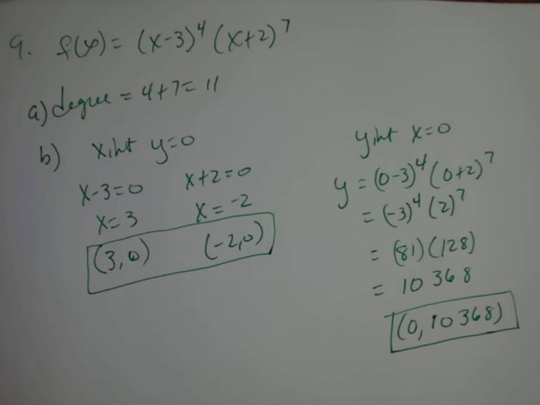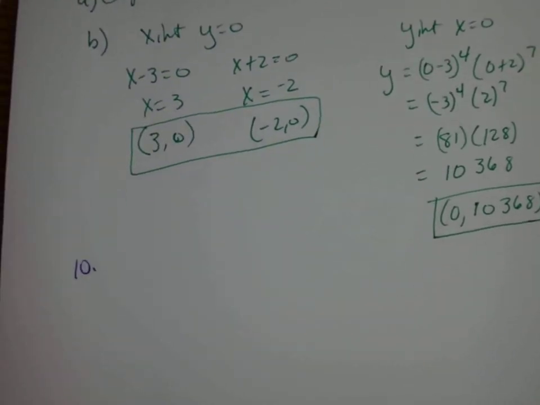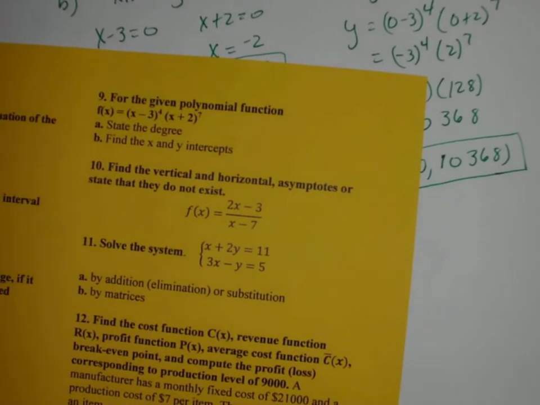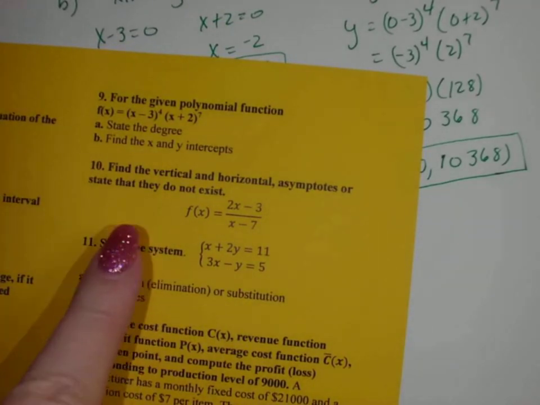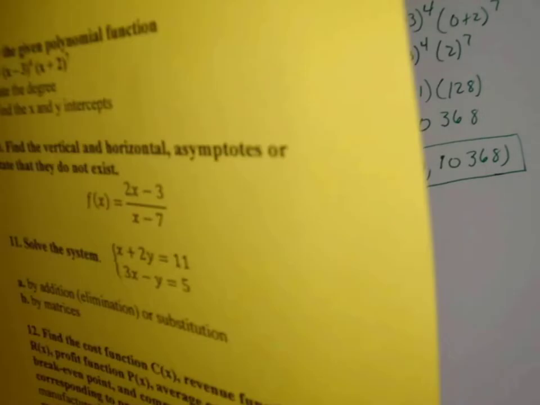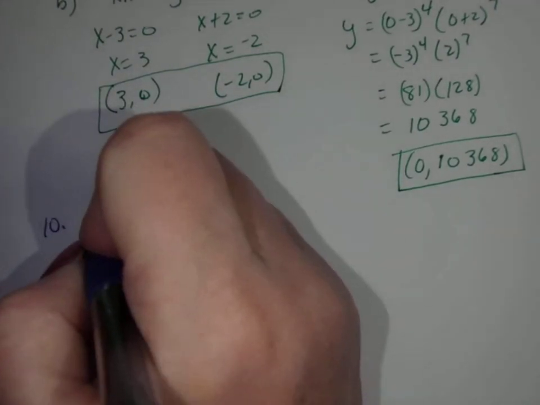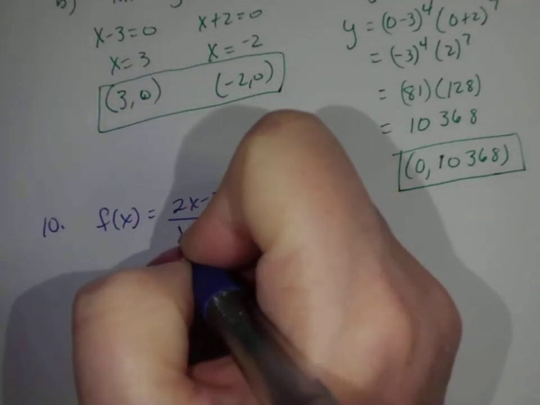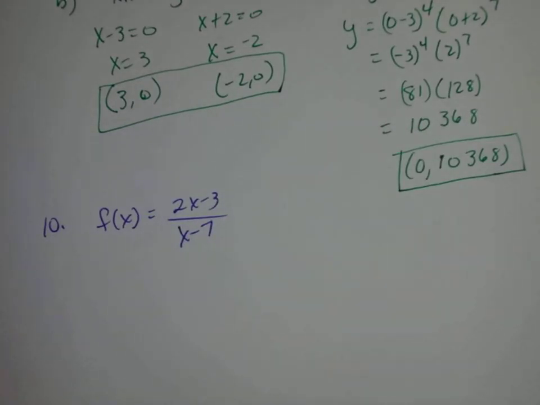Now, on our next problem, number 10, so for number 10, we are looking at finding the vertical and horizontal asymptotes, or state that they do not exist. So we have the function f of x equals 2x minus 3 over x minus 7.